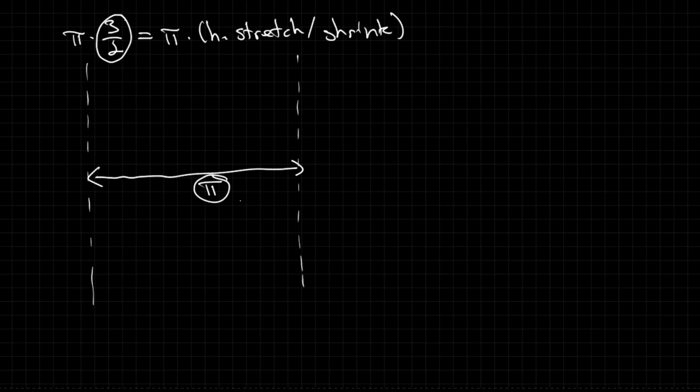And that's exactly what's going on with the other trigonometric functions, the transformations of sine of t and cosine of t, except the old period wasn't pi as it is for tangent. Instead, it's 2 pi, and you're taking that 2 pi and you're stretching it or shrinking it by some amount. So just a little piece of information as to why this computation works.